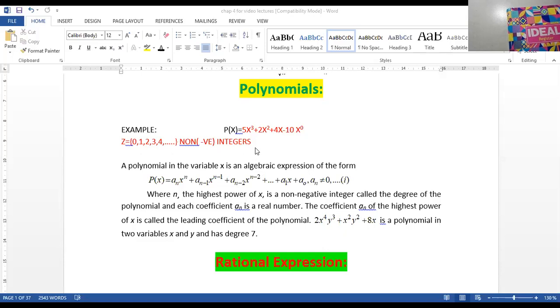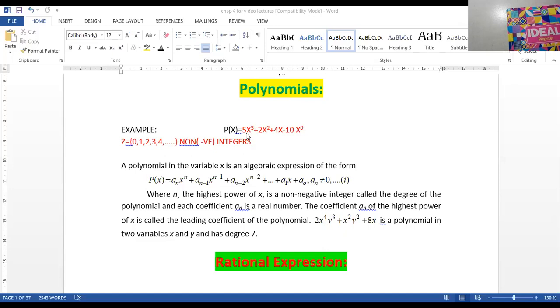For example, in the above example, 5x^3, x^3 is the highest power, so I can say that I have written an example of a degree 3 polynomial. And each coefficient a(n) is a real number. The a stands for constants. Now, what are the constants? The constants which are being multiplied with the variables are called coefficients.